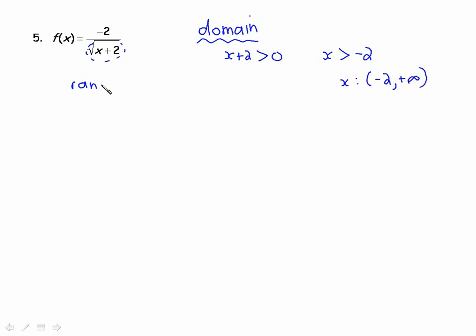Then the range. Now you might recall from the previous lesson that we consider two things. One, we do the algebra, but that usually isn't enough. So we have to also watch out by inspection.